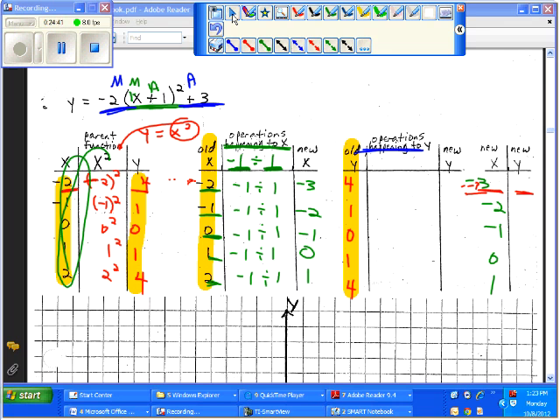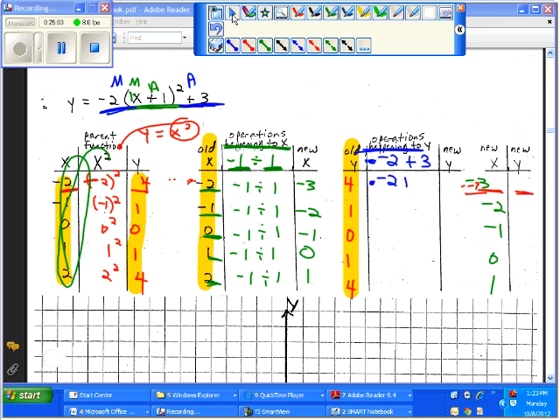Which one would you do first, multiplication or addition? Multiplication. So we would multiply by -2, and then add 3.